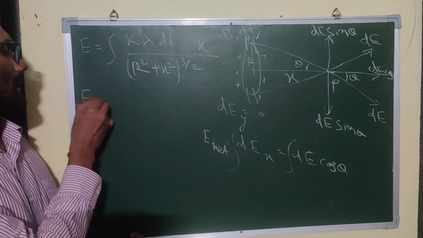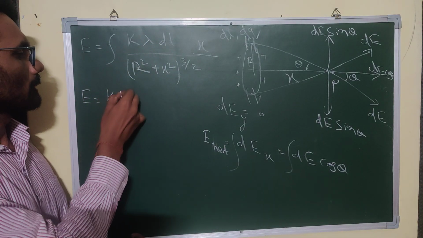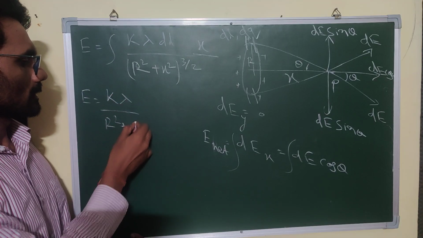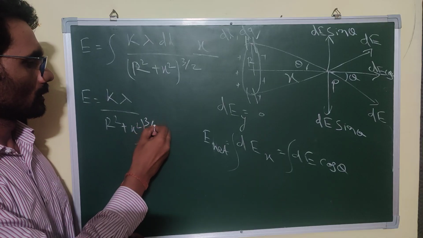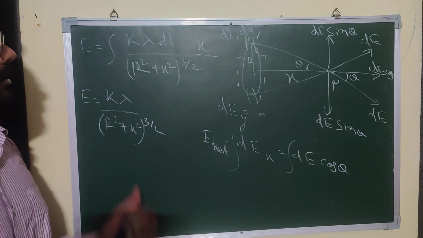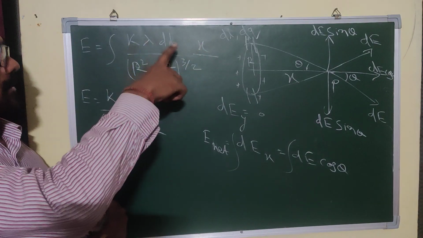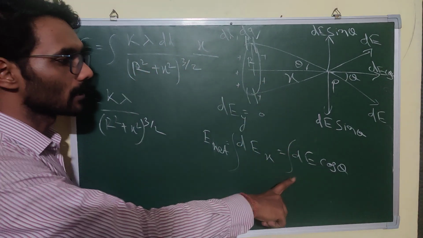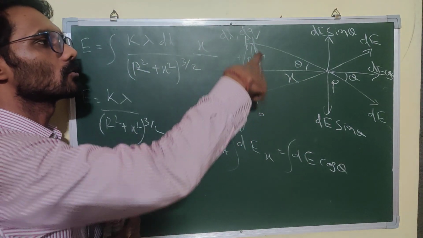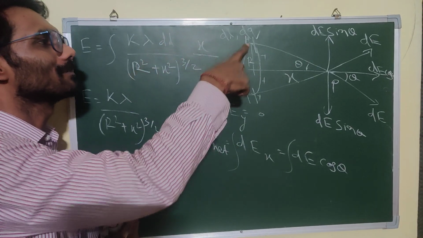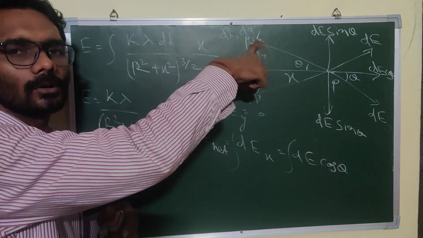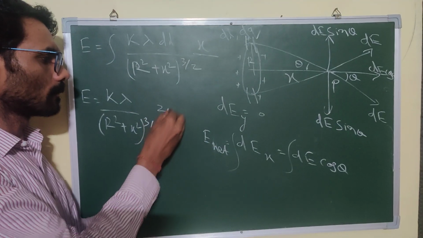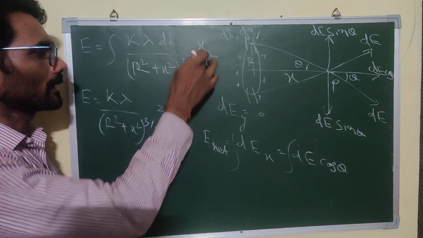So net electric field will be k lambda x by R square plus x square power 3 by 2, integration of dl from 0 to 2 pi. This length element has minimum value 0, maximum value 2 pi capital R. So the limit is 0 to 2 pi capital R, and x is there.